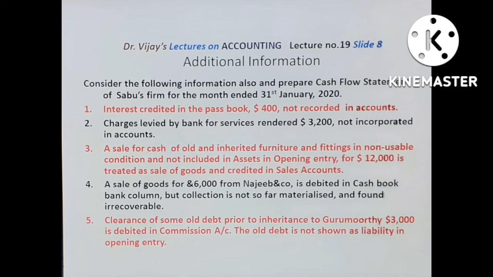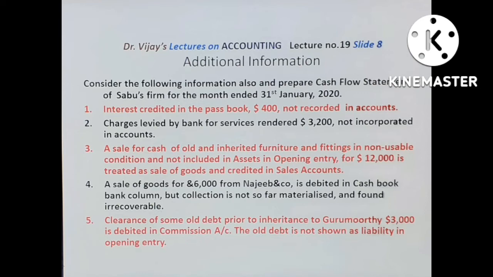The last one is clearance of an old debt prior to inheritance to Gurumurthy, $3,000. It is debited in the commission account. The old debt is not shown as a liability in the opening entry. This was a debt due to Gurumurthy.